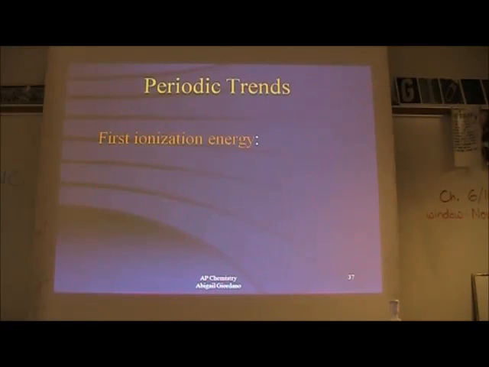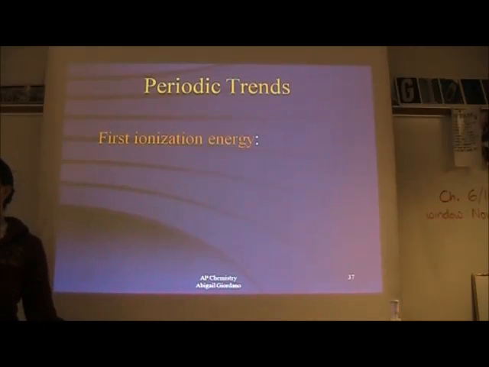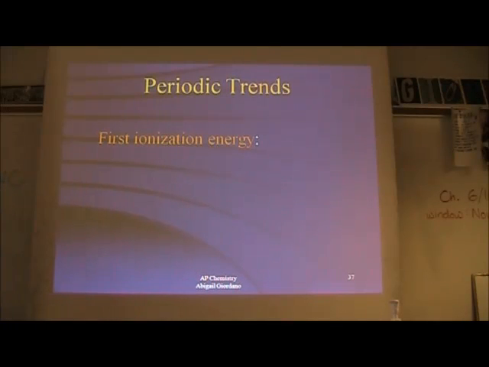So sometimes you'll have questions that give you a statement and you have to explain why the statement is true. It might say something like, cesium has a lower ionization energy than lithium. Explain. You would say, cesium has a weaker effective nuclear charge because it has more filled energy levels.